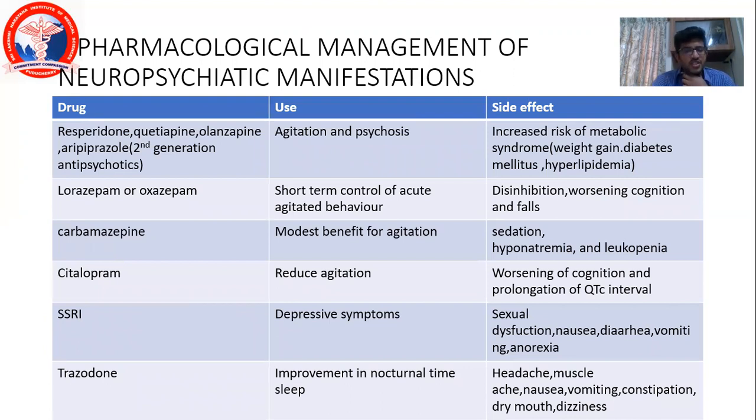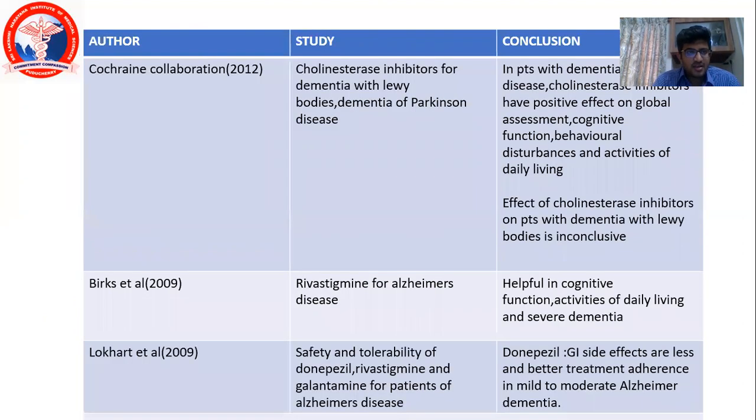If there is any presence of depressive symptoms, then SSRIs can be preferred. SSRIs are the antidepressant drug of choice in elderly. As we all know, the major side effects would be sexual dysfunction, nausea, diarrhea, vomiting, and anorexia.